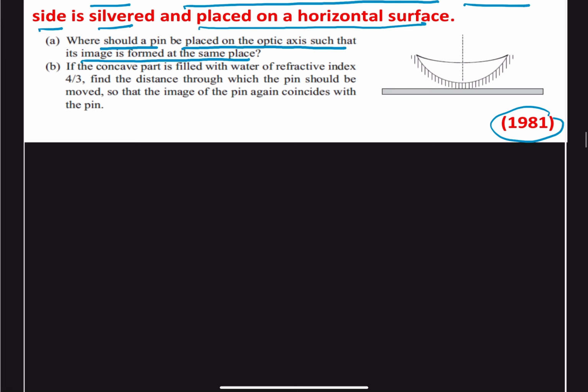And in the part B, it states that if the concave part is filled with water of refractive index 4/3, find the distance through which the pin should be moved so that the image of the pin again coincides with the pin. Okay, so in both the cases, we can say the object and the image should be coinciding.